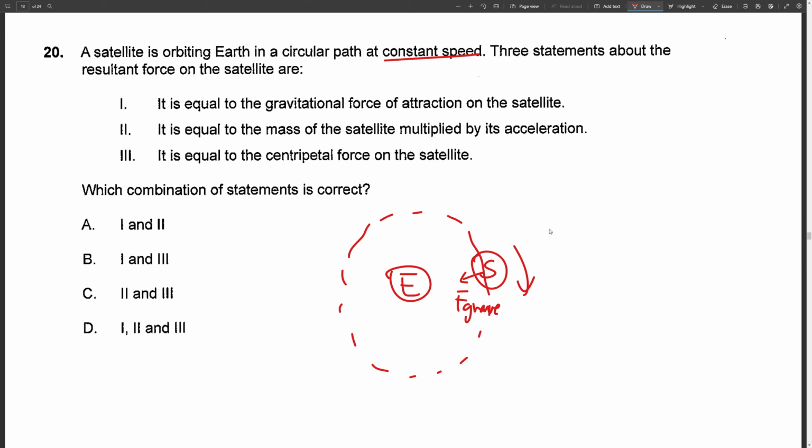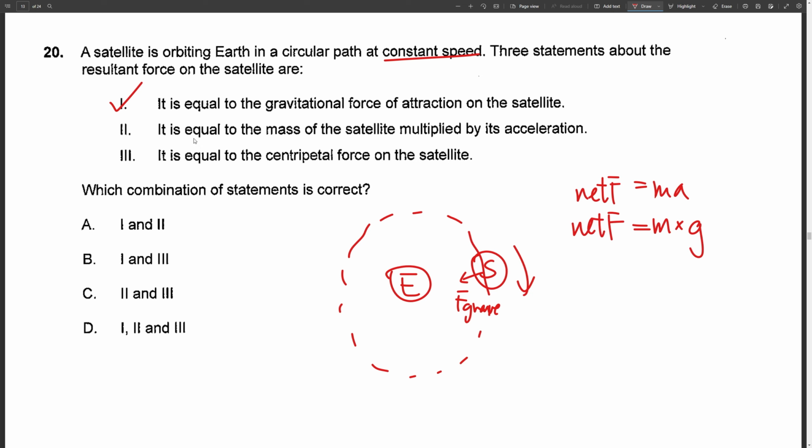And this gravitational force is the resultant force. Option 1 is correct. Other than gravitational force, there are no other forces. And for Newton's second law, we have net force equals ma, and the mass times the gravitational acceleration is the net force in this case.